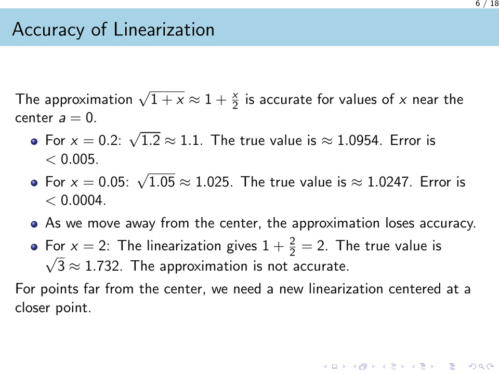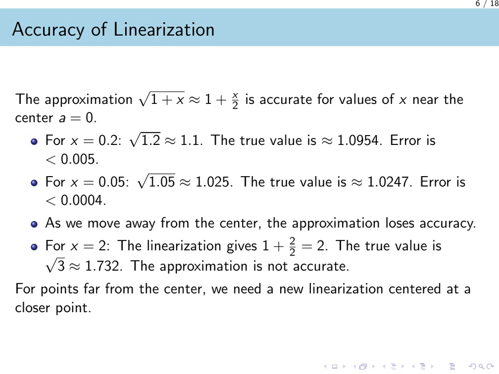Using our recent approximation, where the square root of the quantity 1 plus x is about 1 plus x over 2, we can see how this works. This formula is centered at a equals 0. When x is very close to 0, such as x equals 0.05, our approximation gives 1.025, which is extremely close to the true value, with an error of less than 4/10,000ths.